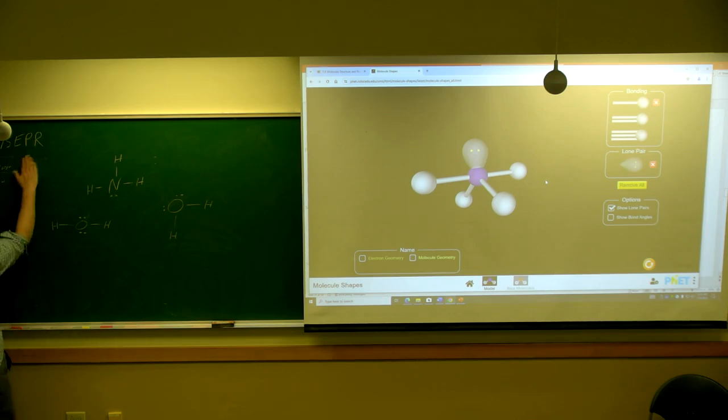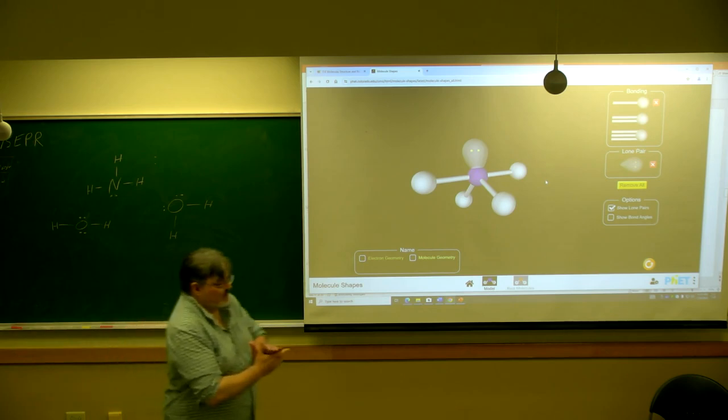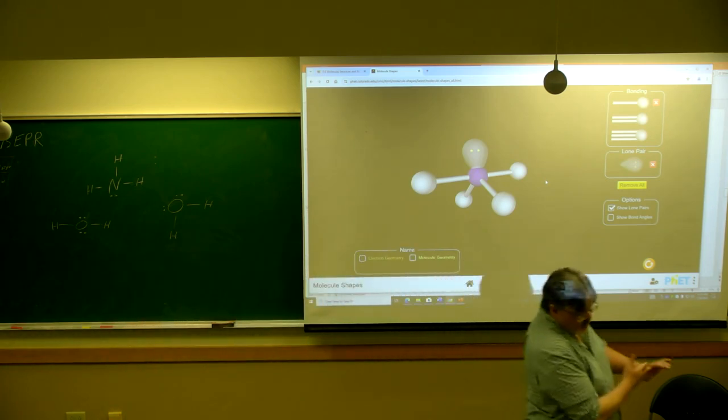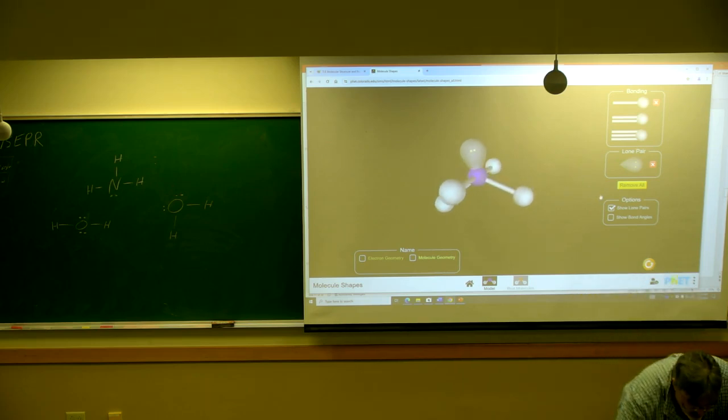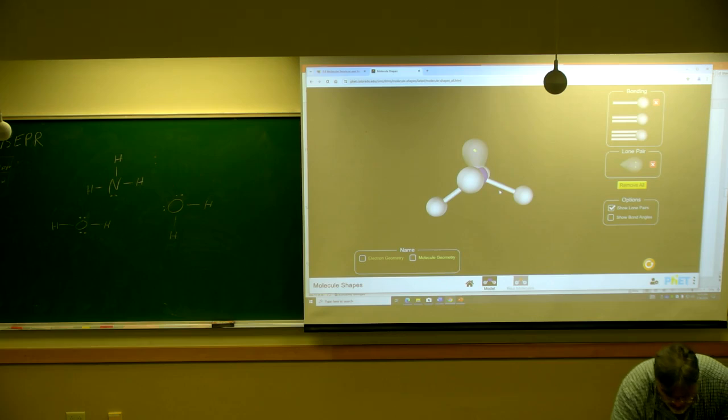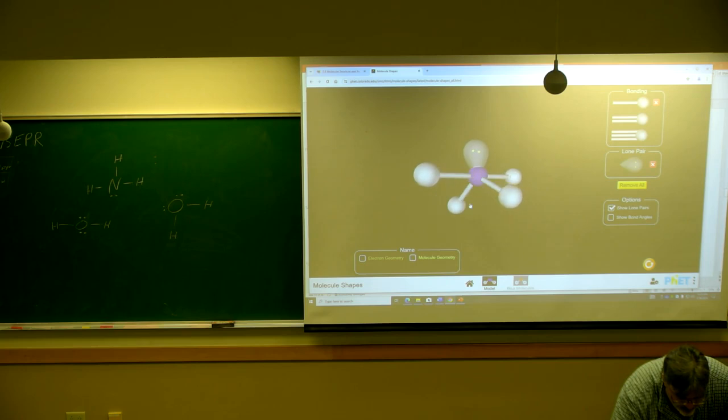And I'm not going to list the angles, there's still 3 angles. There's a 180 degree angle. And I guess you could still say this is 120 degrees, but it would be squeezed in a little bit. These are still 90 degrees from each other.